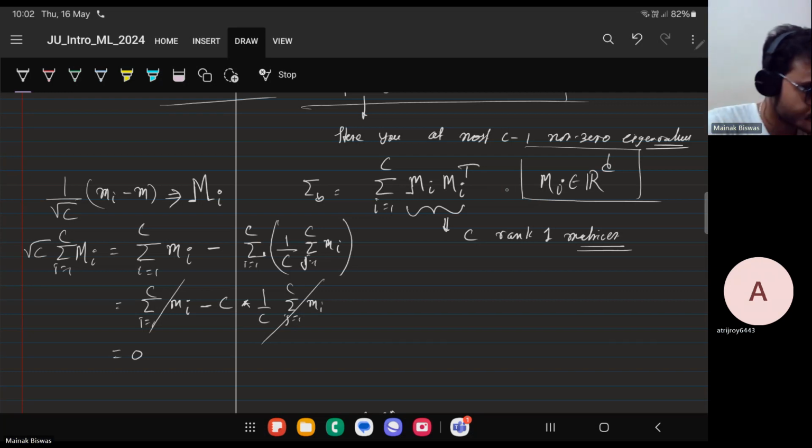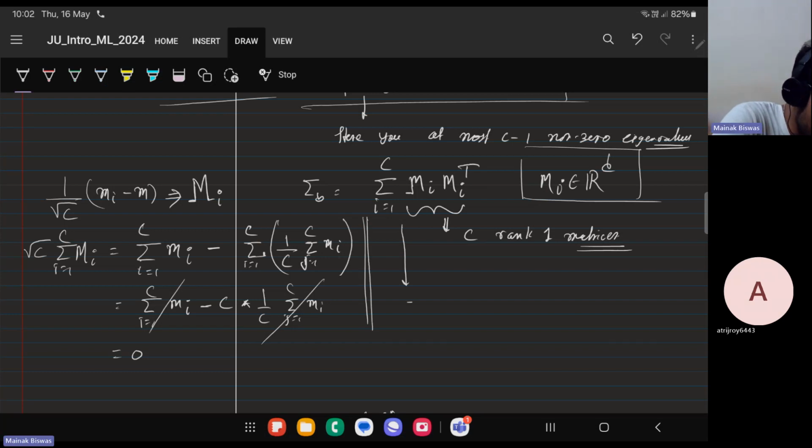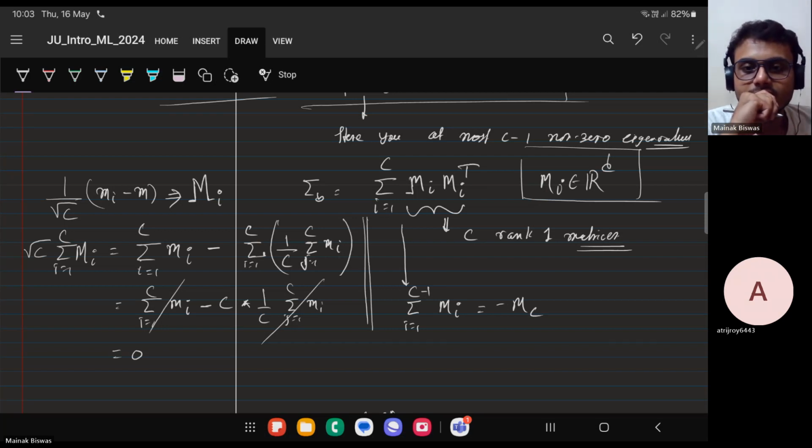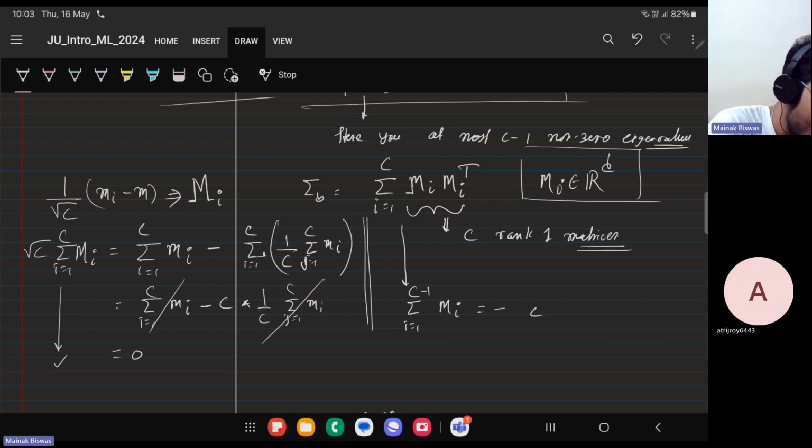So can I write the sum from i equal to 1 to C minus 1 of Mi is equal to minus MC? Can I write this from this equation? Correct? Yes, because the summation of Mi was equal to 0.